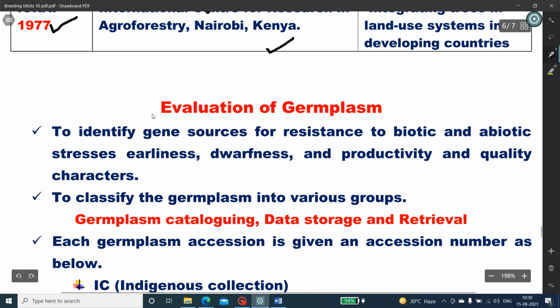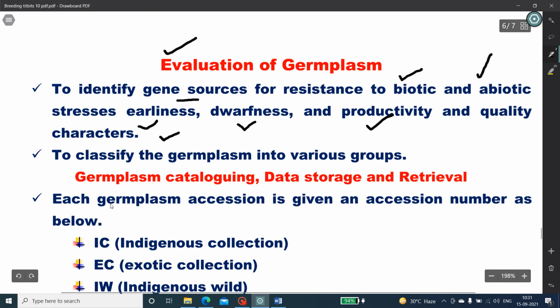And finally, we can see the evaluation of germplasm. This is done to identify gene resources for resistance to biotic and abiotic stresses, earliness, dwarfness, productivity, and quality characters, including morphological, physiological and biochemical characteristics.